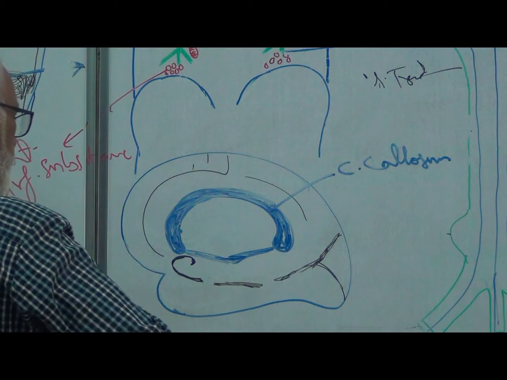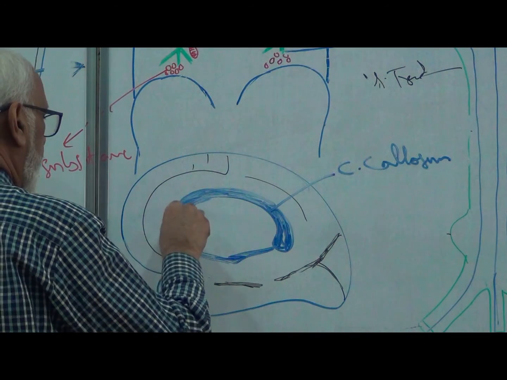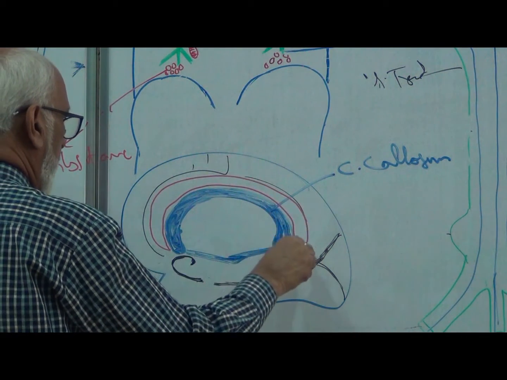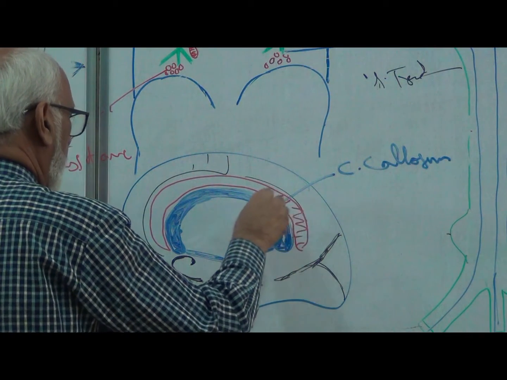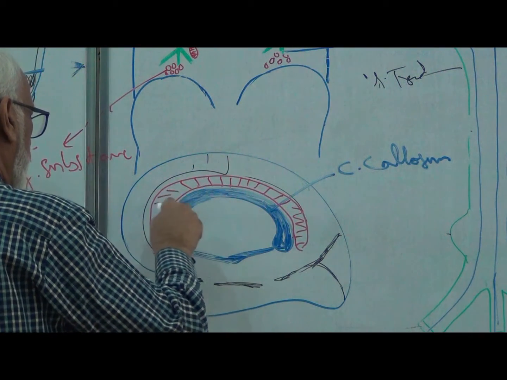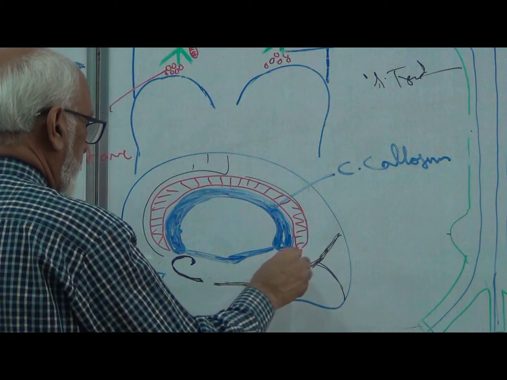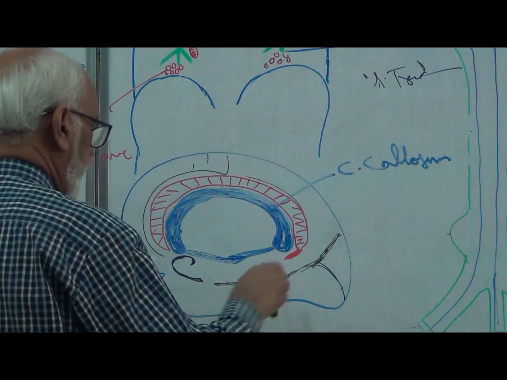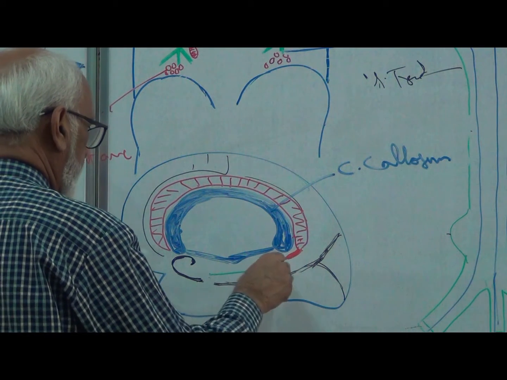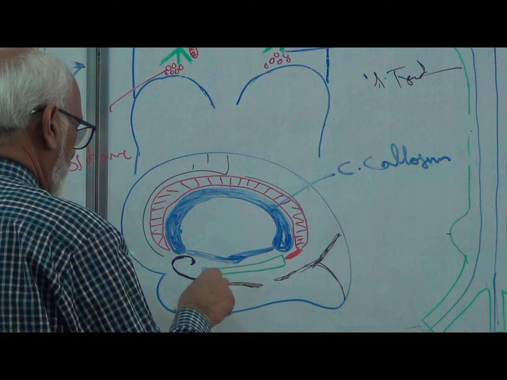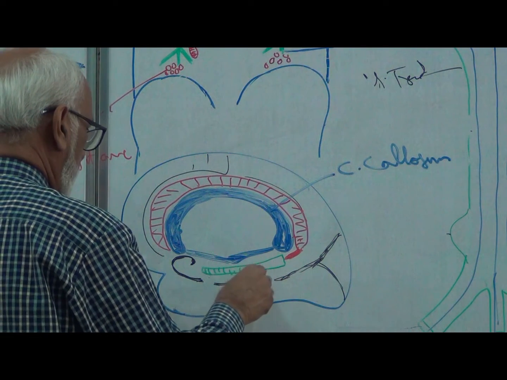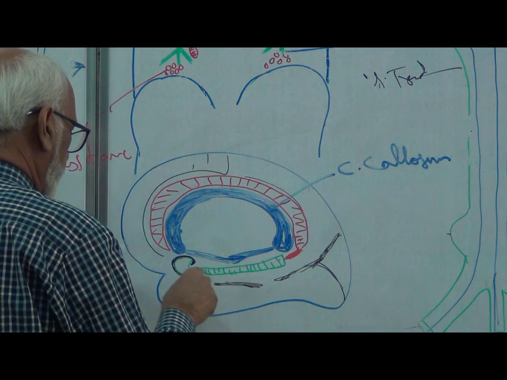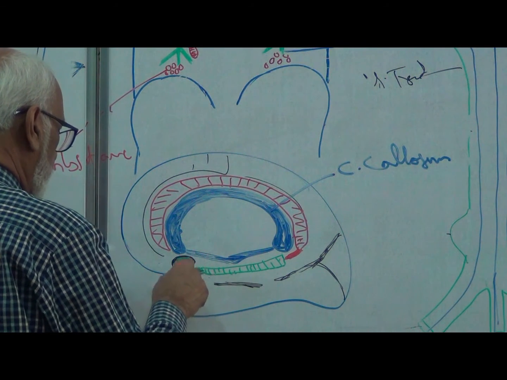Here is the cingulate gyrus, then the isthmus, and next to it is the parahippocampal gyrus, which is continued as the uncus, the hook-shaped gyrus.